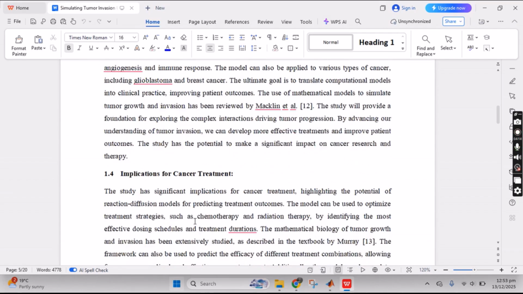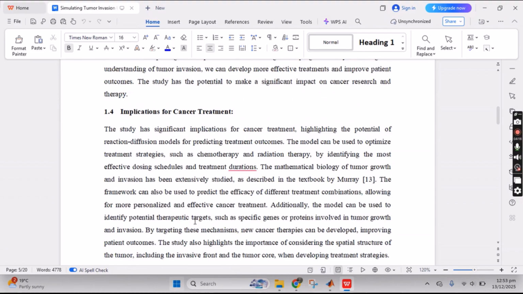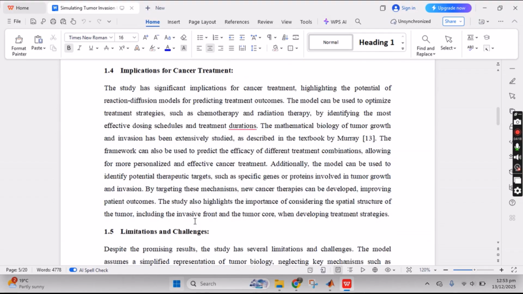Okay, so here are the implications for cancer treatment. Mathematical biology of tumor growth and invasion has been extensively studied in the textbook of Murray. Murray was one of the scientists who provided the text on mathematical biology of tumor growth.